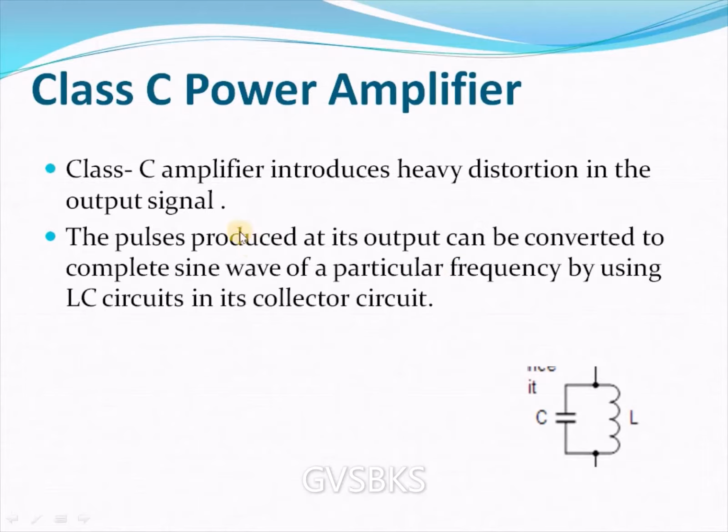The efficiency of this class C power amplifier is 80%, which is more than that. As we already discussed, some power amplifiers like class S and class T provide greater efficiency than all other power amplifiers. Class D and class S provide approximately 100% efficiency.